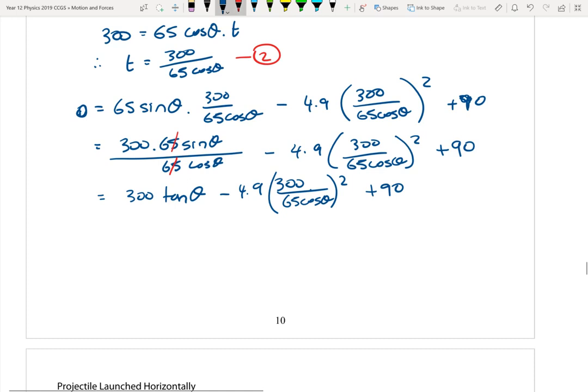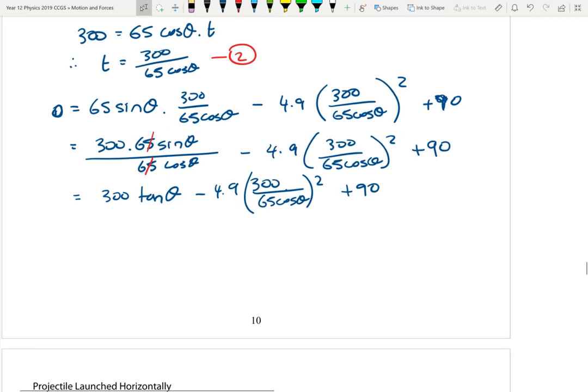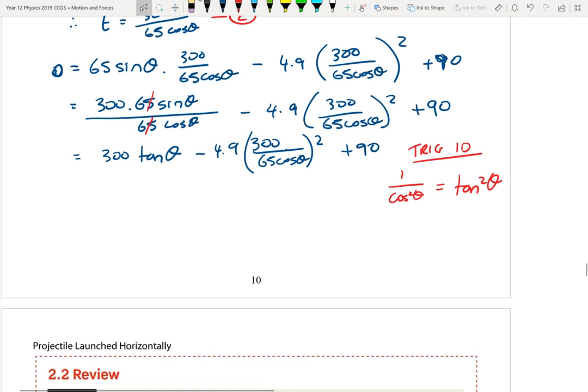Now, another trig identity, and that is that 1 on cos squared theta equals tan squared theta plus 1. So we need to get our cos squared term into a tan squared term, and then we get a tan theta term, a tan squared theta term, and a number term. It's going to be a quadratic.